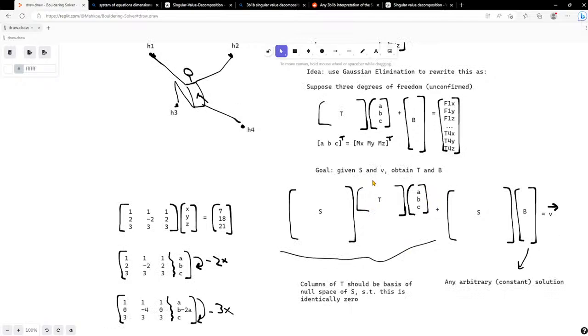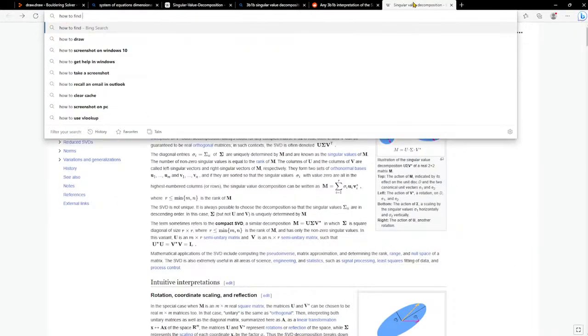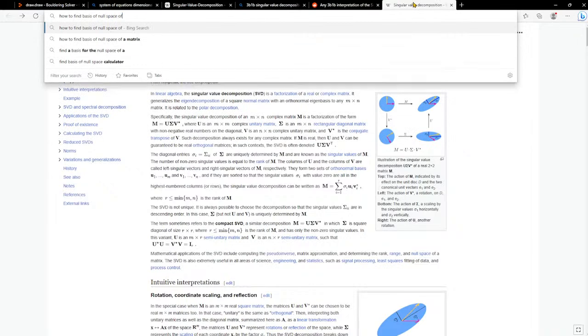So how do we find the basis? Okay, how to find basis of null space of a matrix.